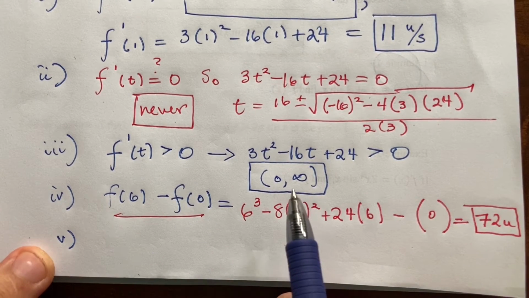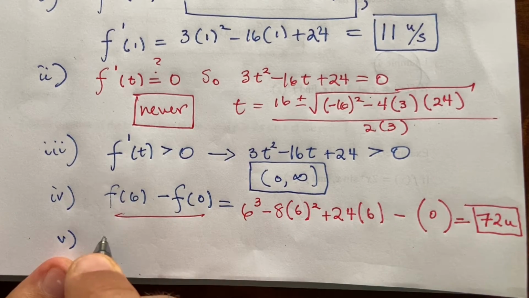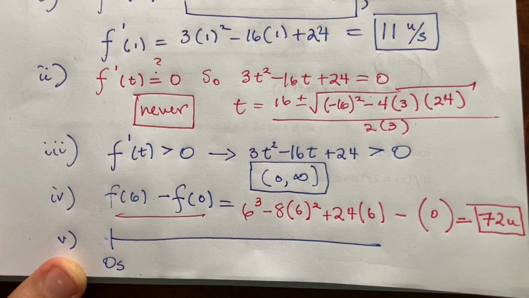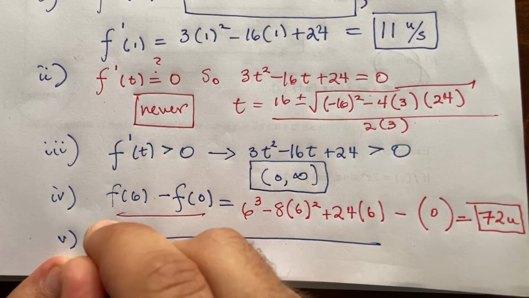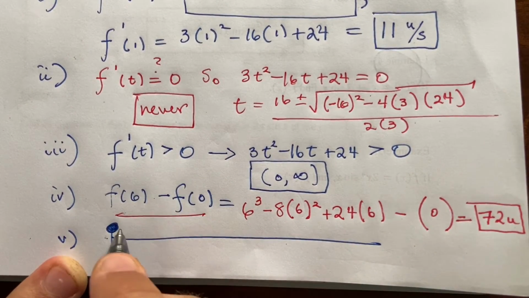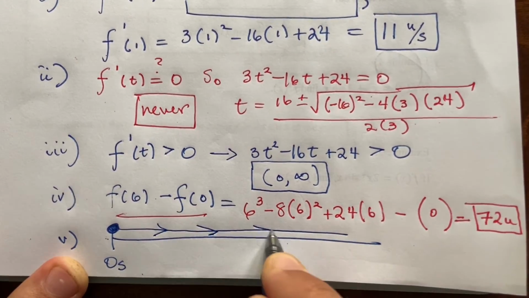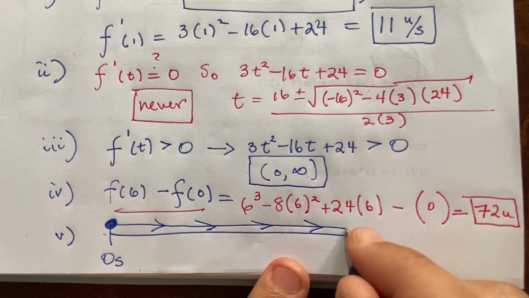So for the first 6 seconds, maybe I'll draw this thing. So here's 0 seconds, and we have some particle here. And then it begins to move this direction. In the positive direction, that is.